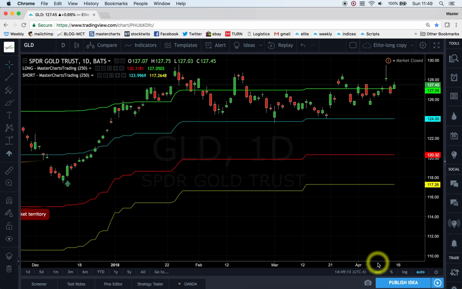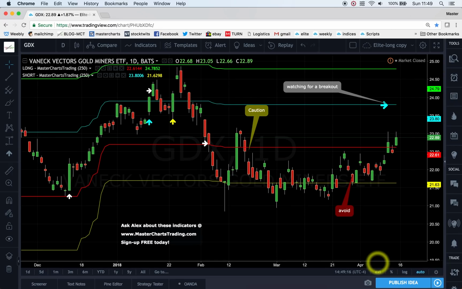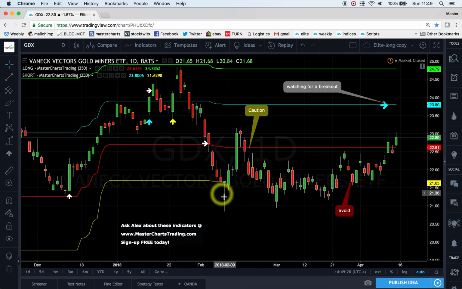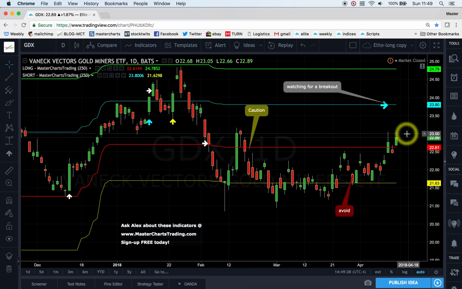So here they are. GDX, and this is what concerns me, once again, because I'm seeing a push to new lows here. For example, there was a new low here on the 9th of February. Right now I'm still treating this bounce in April 2018 as a potential place to short it, or rather avoid it on the gold complex altogether.